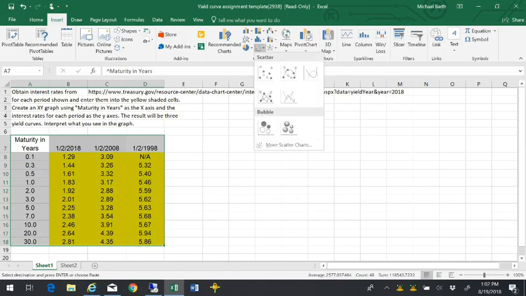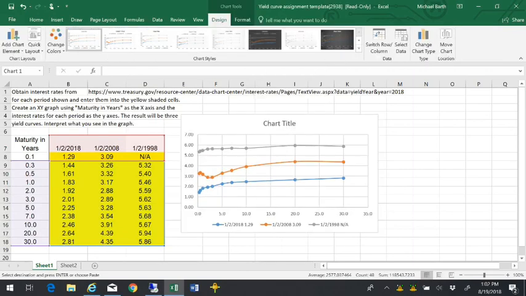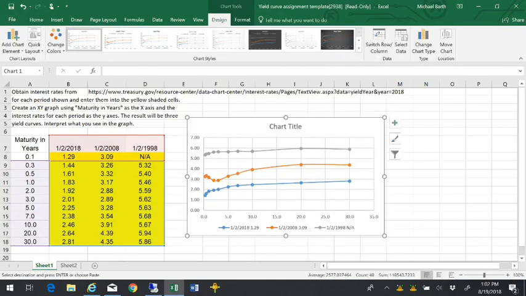Enter XY, and we want an XY with lines on it, and that's all it is. Now we've got a yield curve that's showing for 1998, 2008, and 2018.